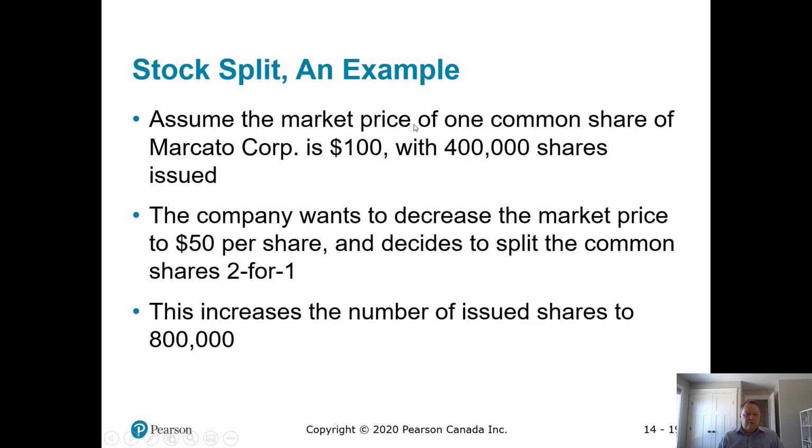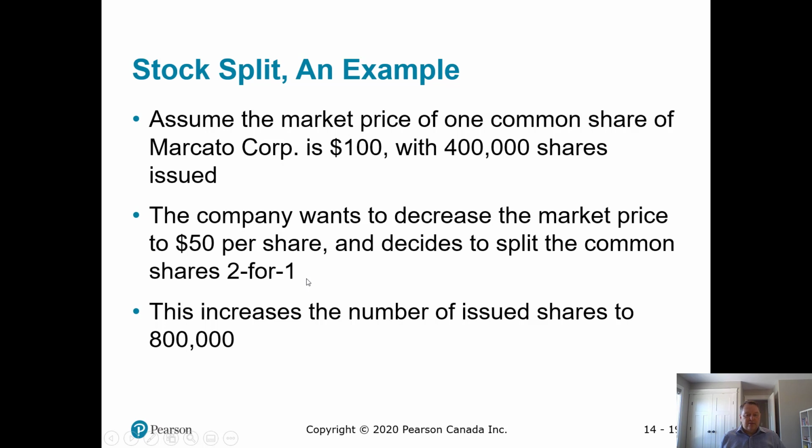Now, let's do an example here. We've got Mercado Corp. It's got a $100 market price, and there are 400,000 shares issued. The company wants to decrease the market price to $50 a share, so they decide to split the common shares 2 for 1.